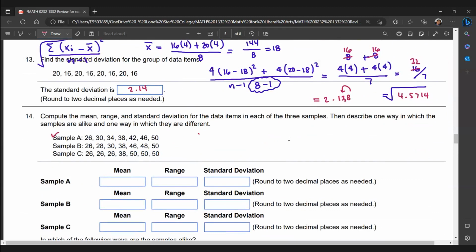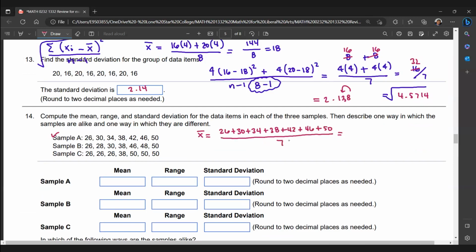The mean is going to be equal to 26 plus 30 plus 34 plus 38 plus 42 plus 46 plus 50, all of that divided by 1, 2, 3, 4, 5, 6, 7. Okay, so let's do the sum and then the division.